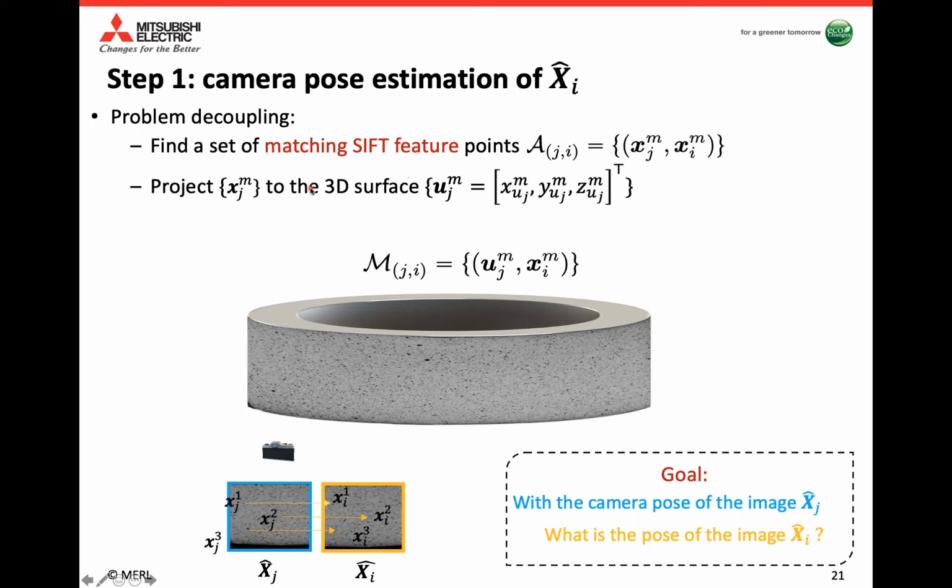So, how do we estimate the camera pose of image xi with the camera pose of the reference image xj? First, we find a set of matching feature points between these 2 images and form the set of feature points AJI. Then, as we already know the camera pose of the reference image xj, we project the feature points from xj to the 3D object.